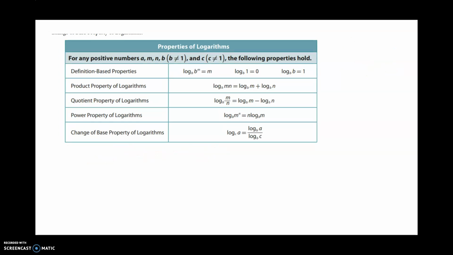The next one we're going to look at is the power property. This is, to me, the most important property of logs. So if I have log of 3 to the x. This is the common log.